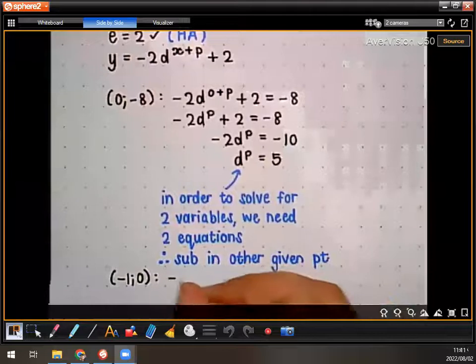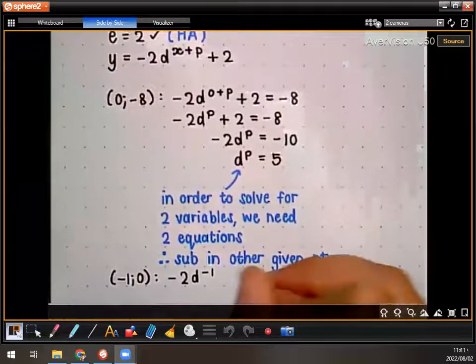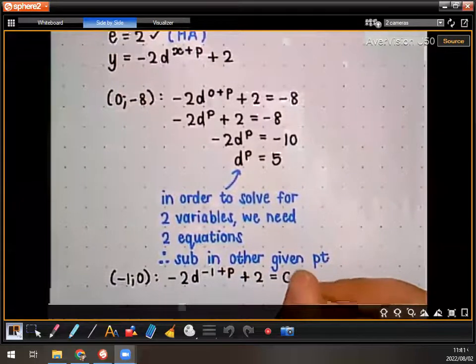Okay, so we're going to do -2 d to the x plus p is now going to become -1 plus p, plus 2 equal to 0.